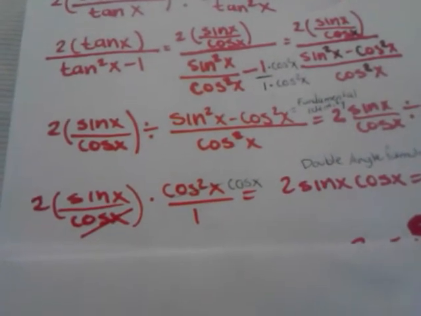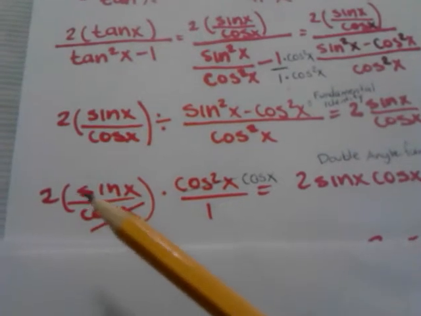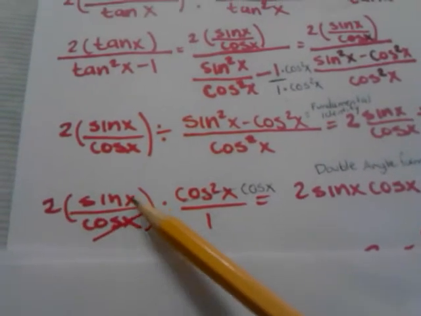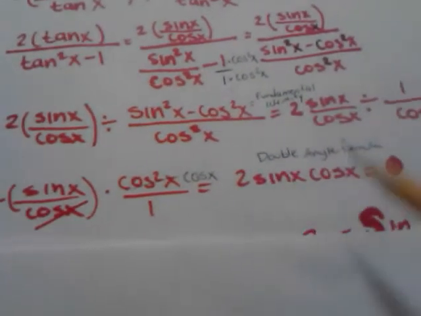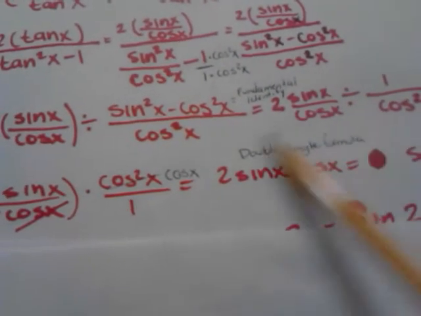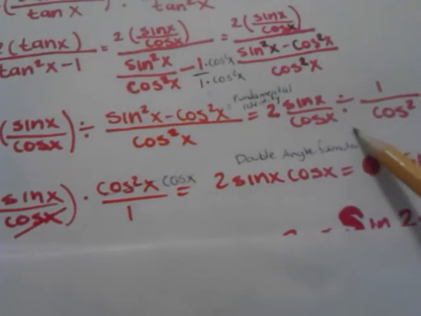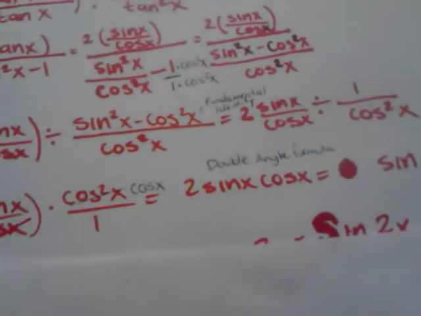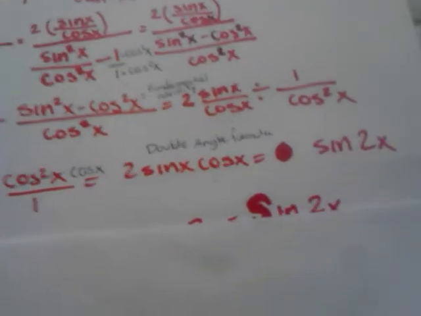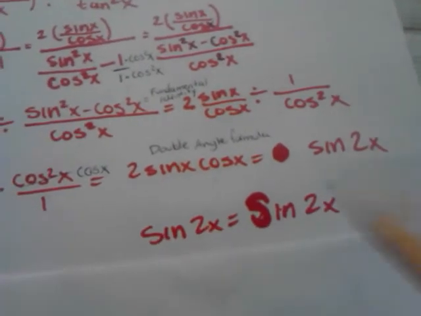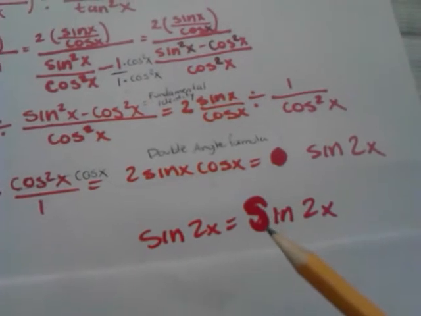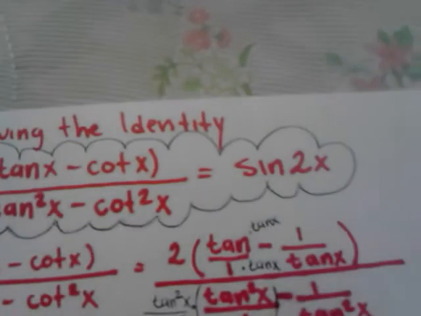And there is nothing more to cancel, so we're left with 2 sine of x cosine of x. 2 sine of x cosine of x is one of our double angle formulas, and that is equal to sine 2x, so we put the identity, the sine of 2x is equal to sine of 2x.